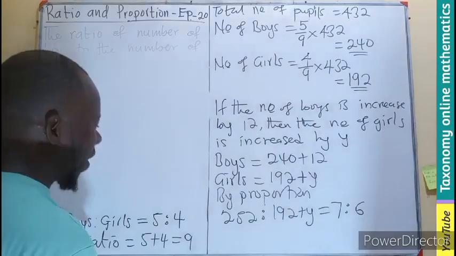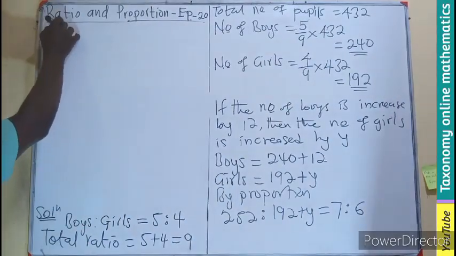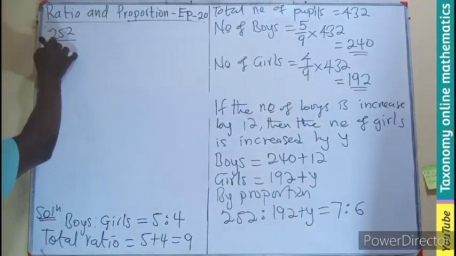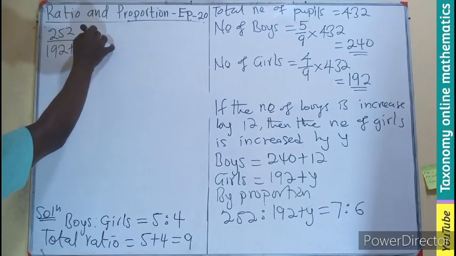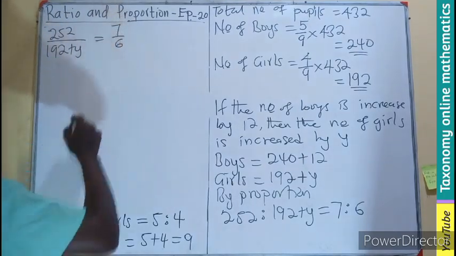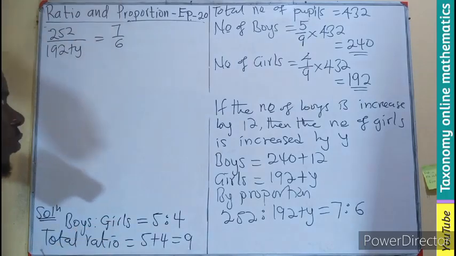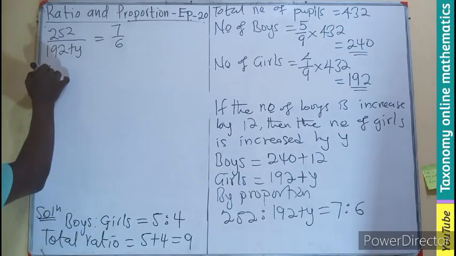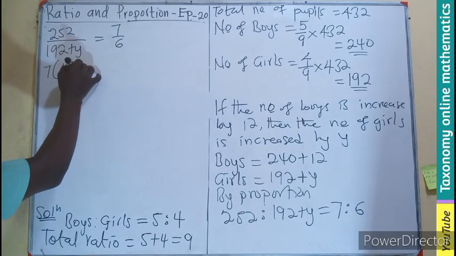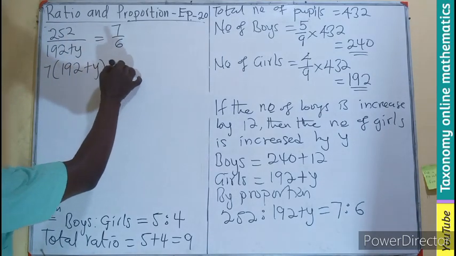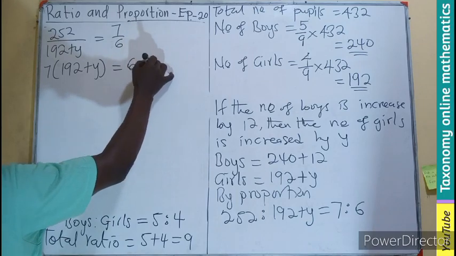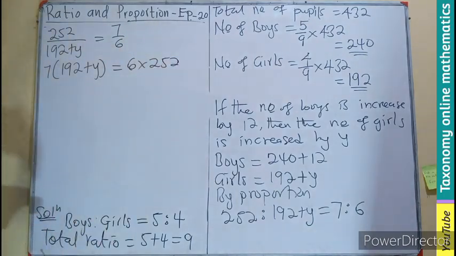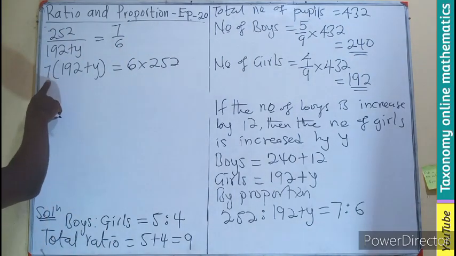So from here, we can write 252 divided by 192 plus y equals 7 on 6. So let's find their cross product, meaning this will be multiplied by 7. So 7 times (192 plus y) equals 6 times 252. In this case, we can expand, but we can also divide by this 7.